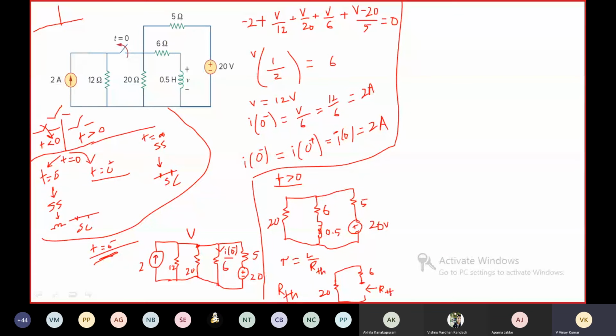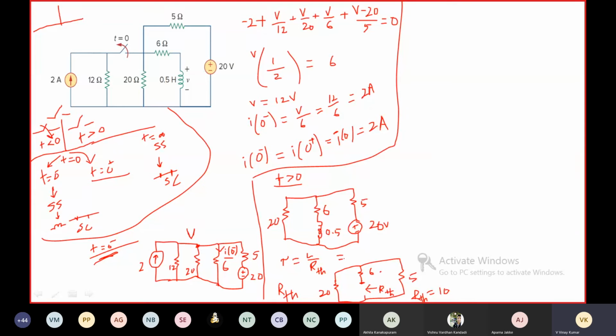Here we have one more resistance, that is the 5 ohm resistance. Then RTH is equal to how much? The 20 ohm resistance is in parallel with the 5 ohm resistance, so 20 into 5 by 20 plus 5, which is 4 ohms. The 4 ohm resistance is connected in series with the 6 ohm resistance, so RTH is equal to 10 ohms.